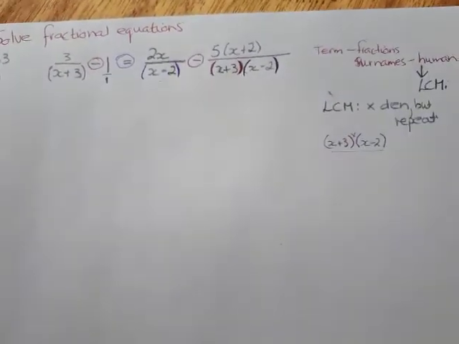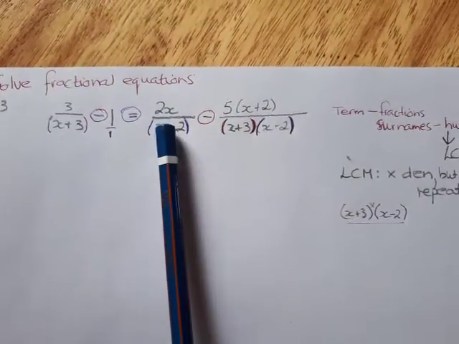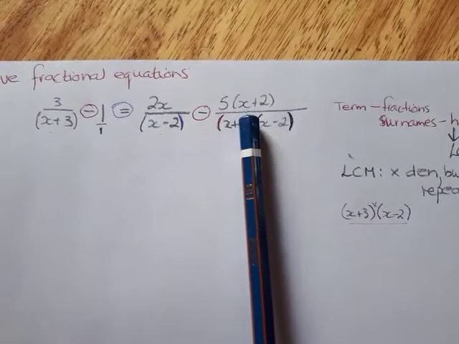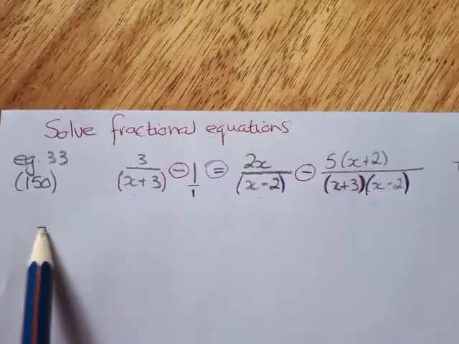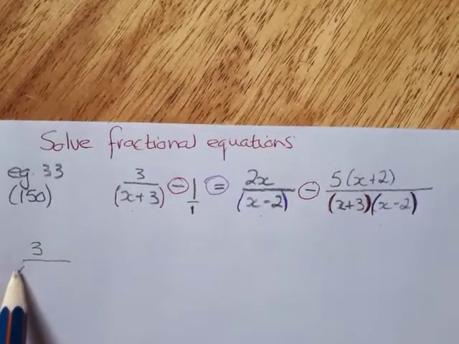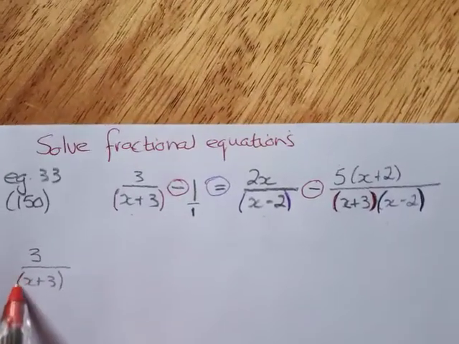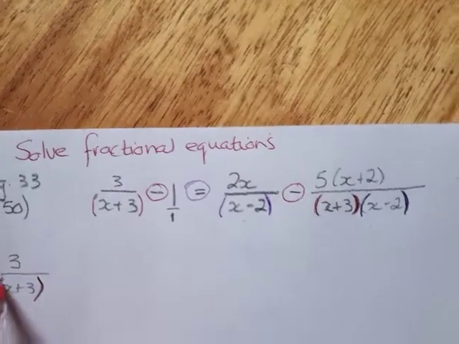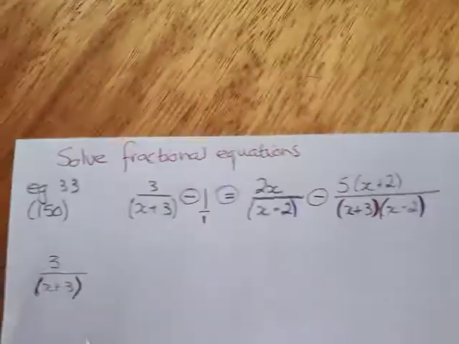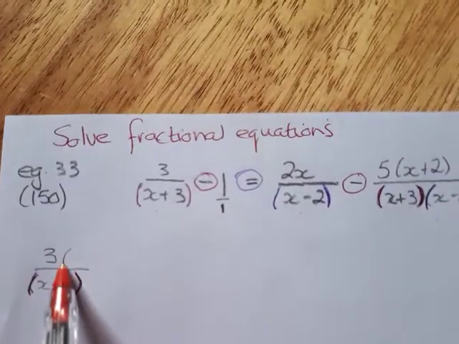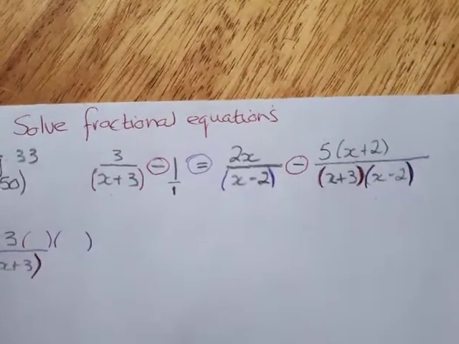Now the next step is to multiply each fraction, each term, people, okay, by the lowest common multiple. So I will now rewrite this. I will first do that bracket. We've got 3 over x plus 3, which is the red bracket. Do you agree? Then I must multiply that by the lowest common multiple. So I will now multiply my numerator by the red bracket as well as the purple bracket.